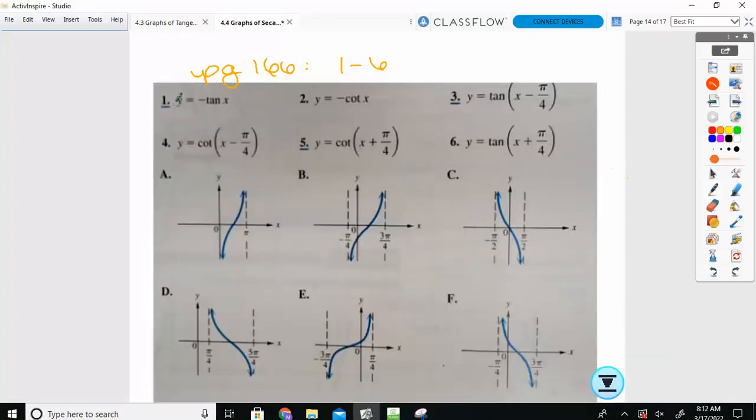Think about your normal graphs. Tangent goes from where to where? Negative pi over 2 to pi over 2; these are asymptotes, 0 in the middle. Does it increase or decrease? Increase. So this is our normal tangent graph. Then cotangent. What interval do we pick for cotangent? 0 to pi.